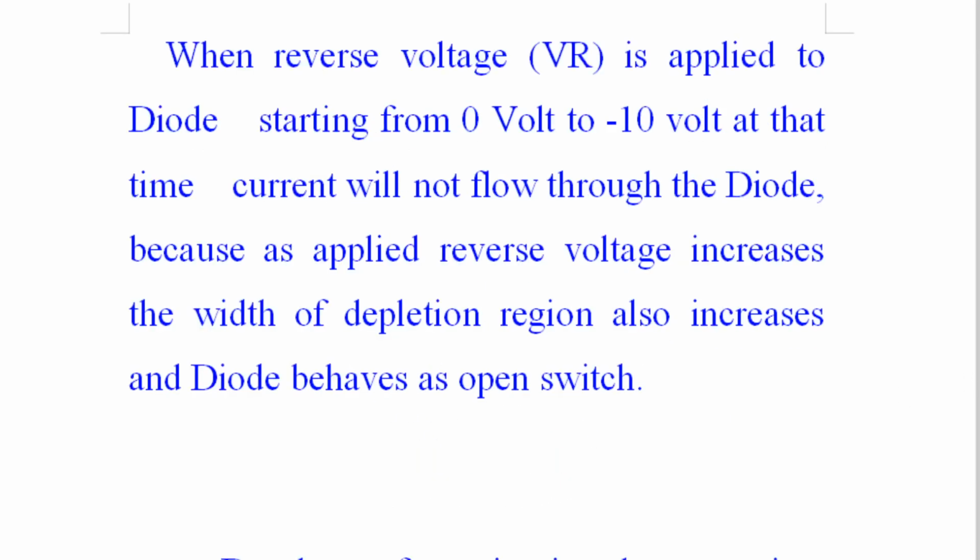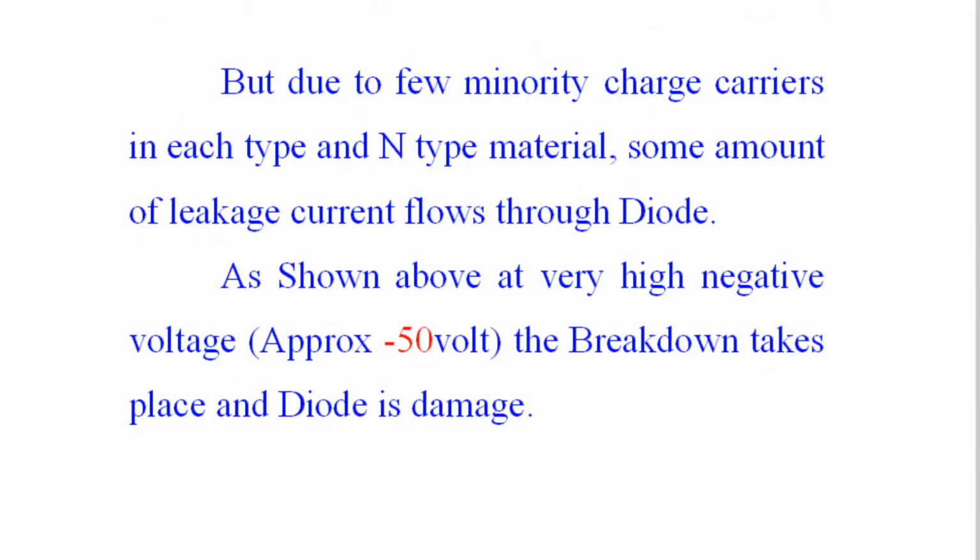But the practical diode is different, there is something written over here, see. Due to minority charge carriers in each type of semiconductor material, minority, not majority. All of you know that in n-type semiconductor material, electrons are the majority charge carriers, and in p-type semiconductor material, holes are the majority charge carriers.